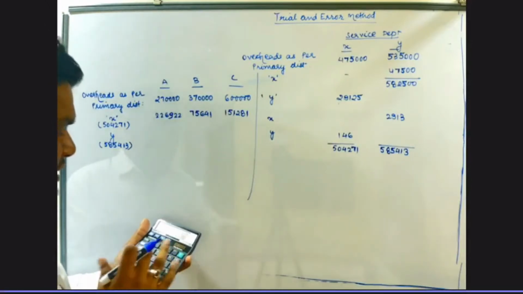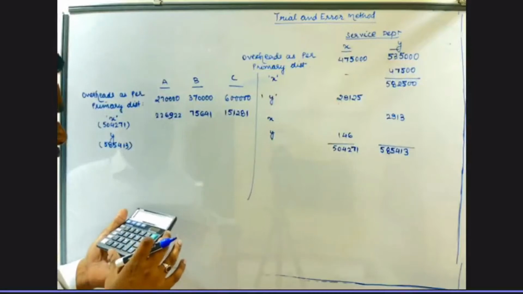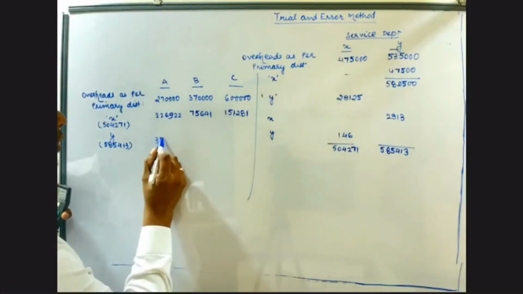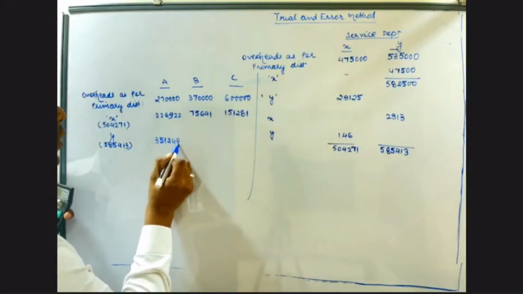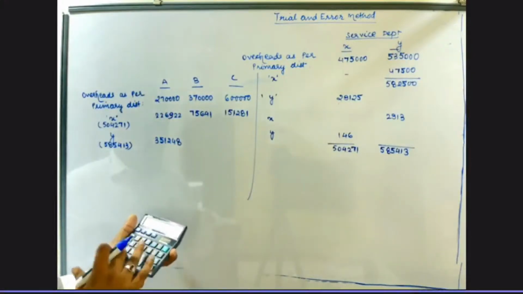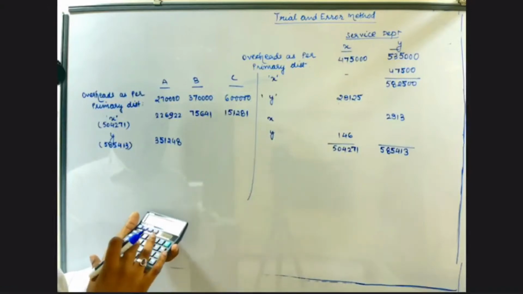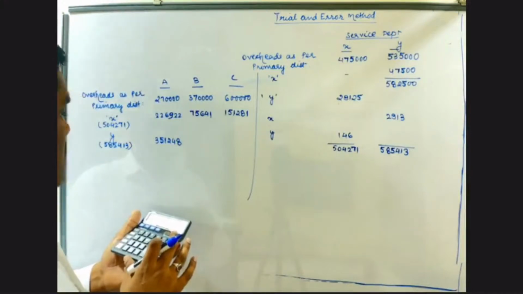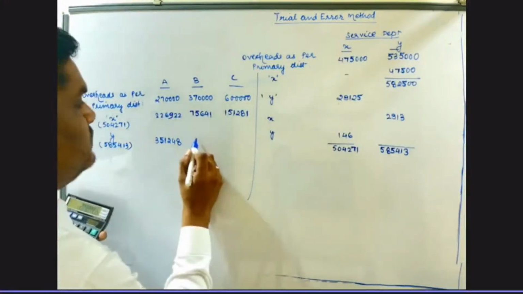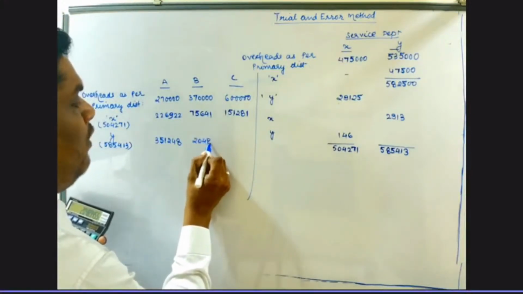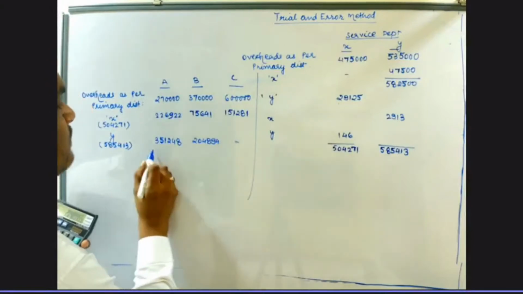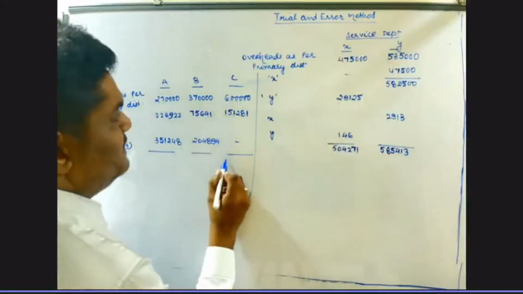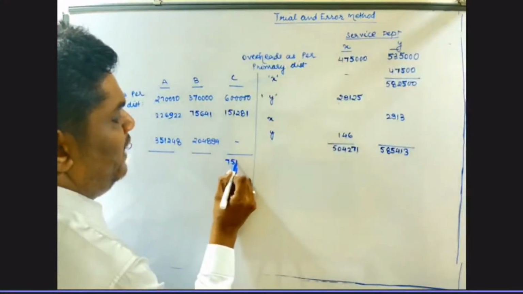585,413 into 60%. So this will be 351,248. This will be 204,894. So this will be 7,51,281.